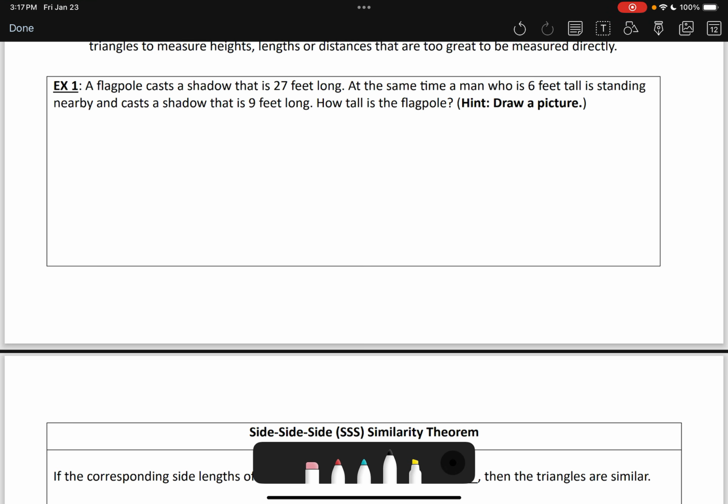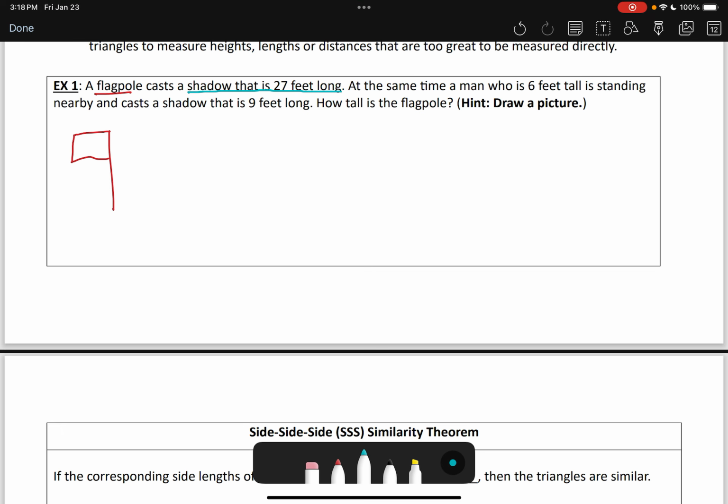And the hint here is draw a picture. So let's focus on the first sentence. The first sentence is talking about a flagpole. So we have a flagpole, and they tell us that a flagpole casts a shadow that is 27 feet long. Well, if you're thinking about a shadow, think about you standing outside in the sun. Where is your shadow? Your shadow is typically going to be found on the ground.